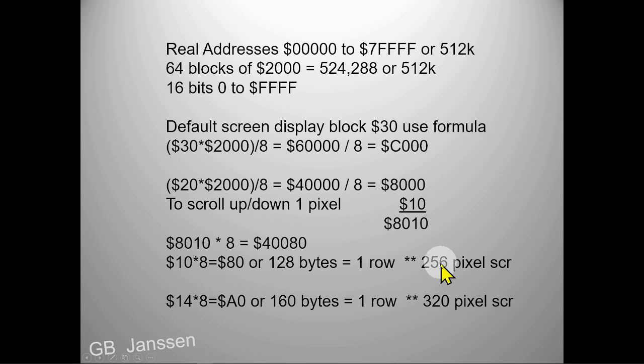Now if you're doing H screen 2, which is a 320 pixel screen, you're working this backwards. That's hex 140, divide that in half, you get 160 bytes for them 320 pixels. Okay, and you can divide that by 8, and it gives you a hex 14. So on H screen 2, instead of 10, you'd use that hex 14, for adding and subtracting.